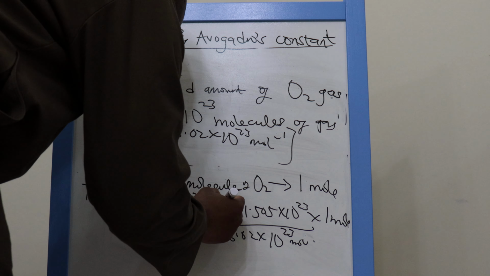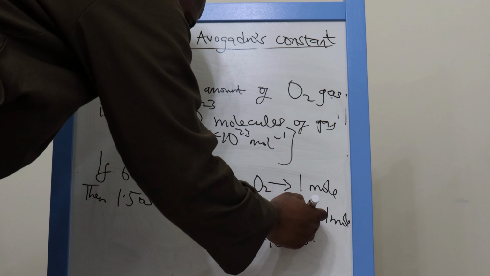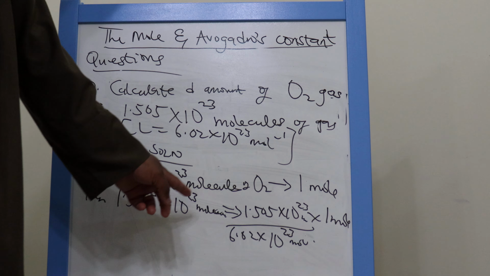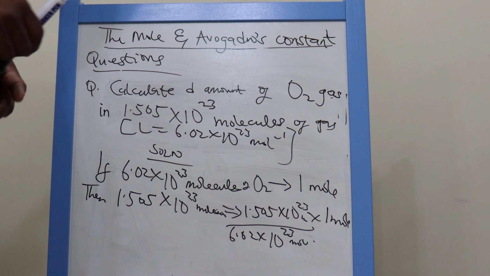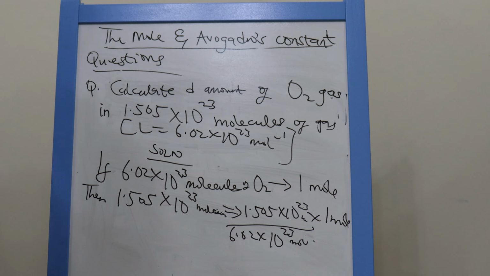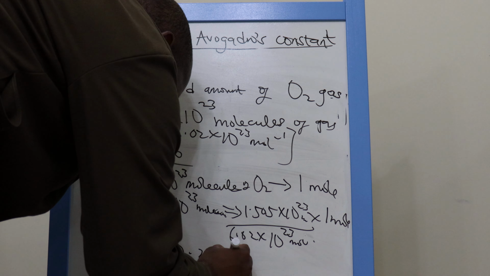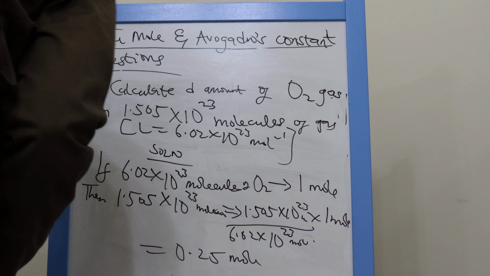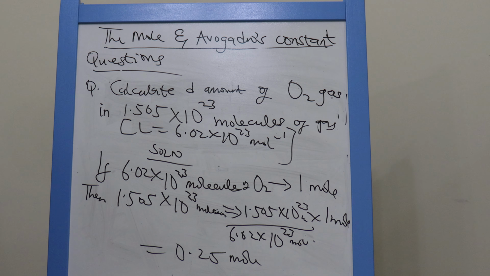So that is divided by this one times 1 mole, which will give us, you can use your calculators, I think 0.25 mole of oxygen gas.